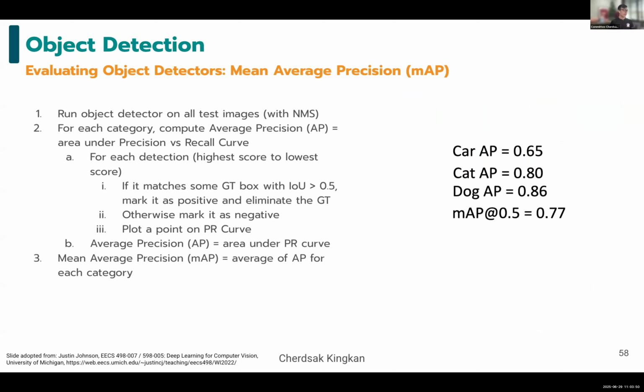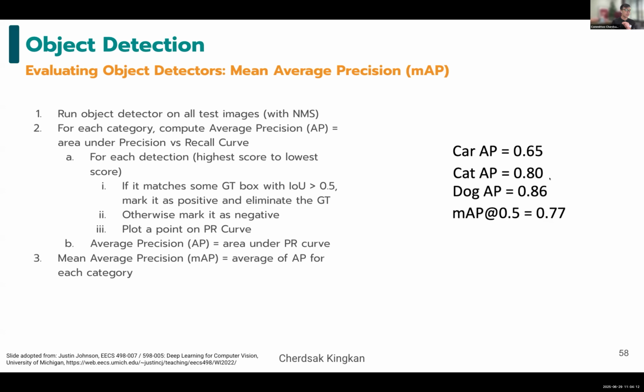All right, so then after that, we will sum everything up for all categories. For example, we have these 3 categories. We can find the average precision for each category. We sum them all up, divide them, find the mean out of all these categories.